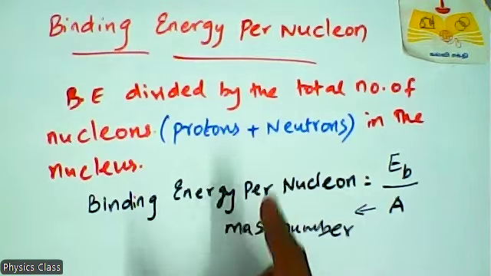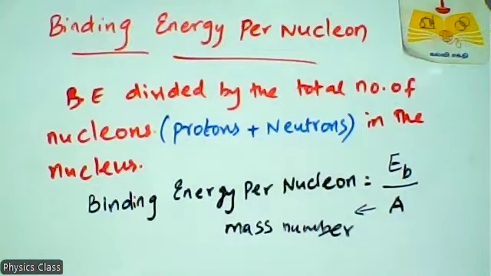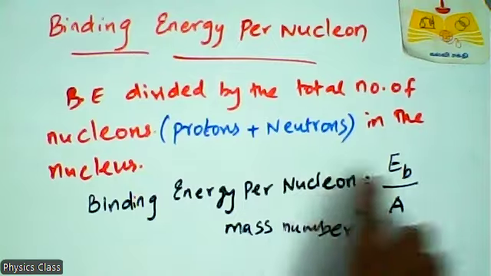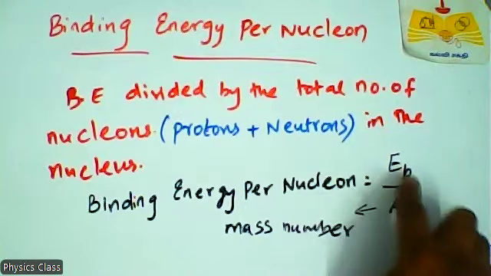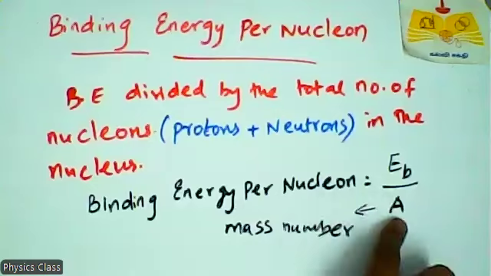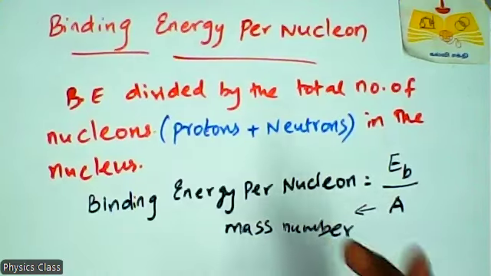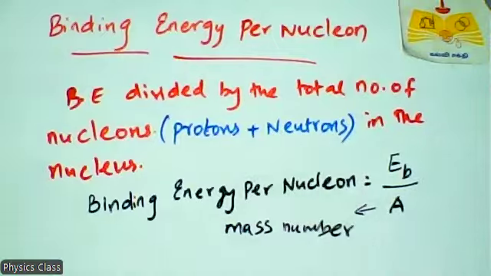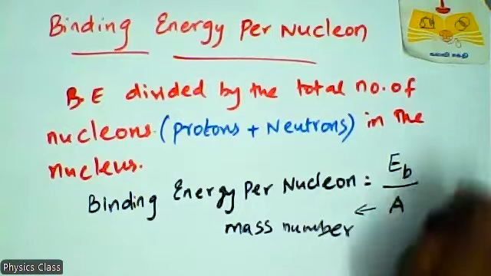How does it vary with mass number? You know that binding energy per nucleon depends on EB by A. So binding energy depends on the mass number. But how does it vary with mass number?